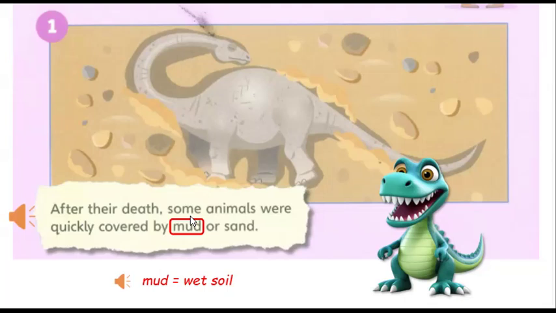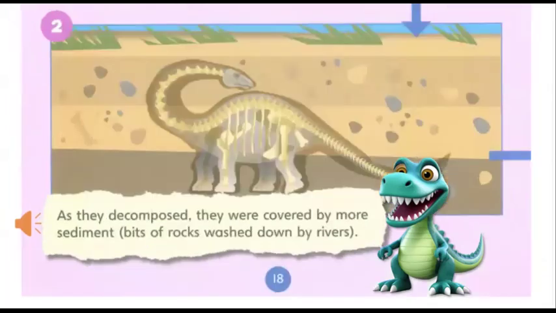After their death, some animals were quickly covered by mud or sand. Mud, wet soil. As they decomposed, they were covered by more sediment, bits of rocks washed down by rivers.